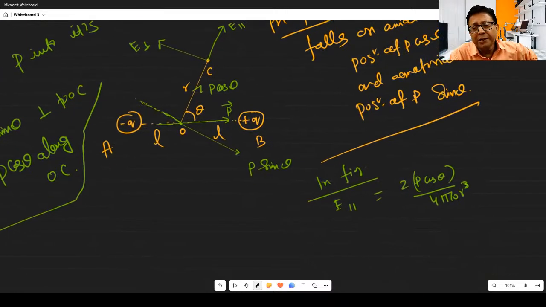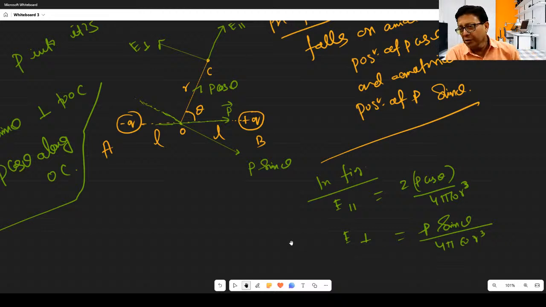And E perpendicular how much? P sin theta by 4 pi epsilon 0 r cube. Agree or not? Why have I done this? Because of equatorial and axial position. Understood, no?